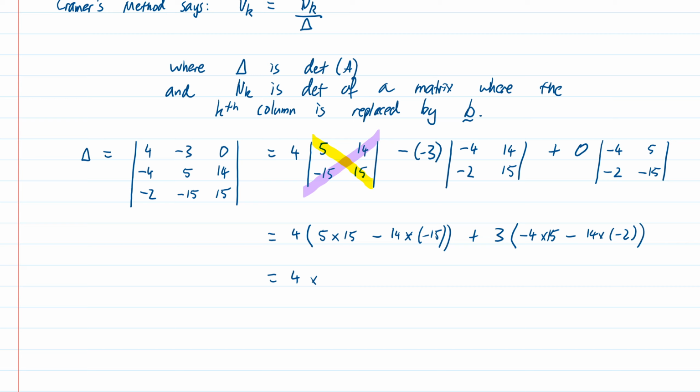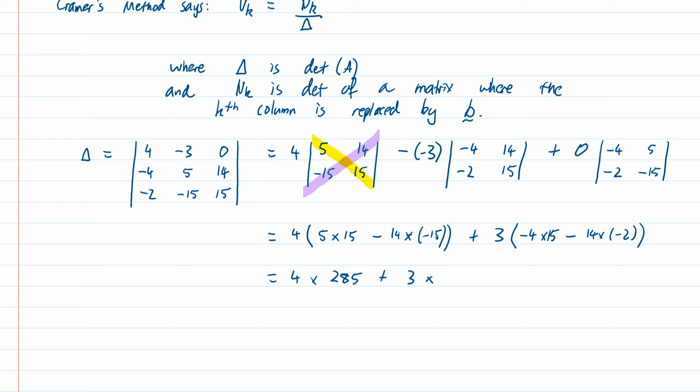So 5 times 15 minus 14 times minus 15 is 285. This will be plus 3 times, and I will calculate here, this is minus 4 times 15.